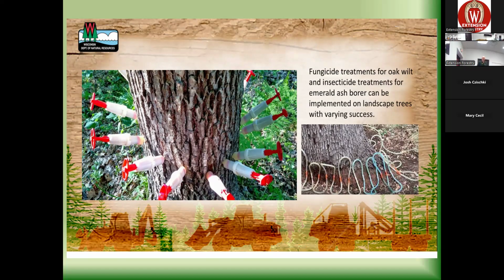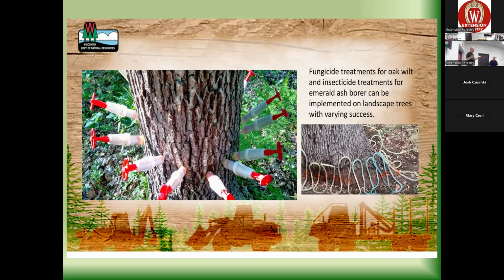Okay, and this one is really for saving yard trees. If you have a valuable oak in your yard that you really don't want to lose, you're going to treat it with a fungicide and potentially save it.